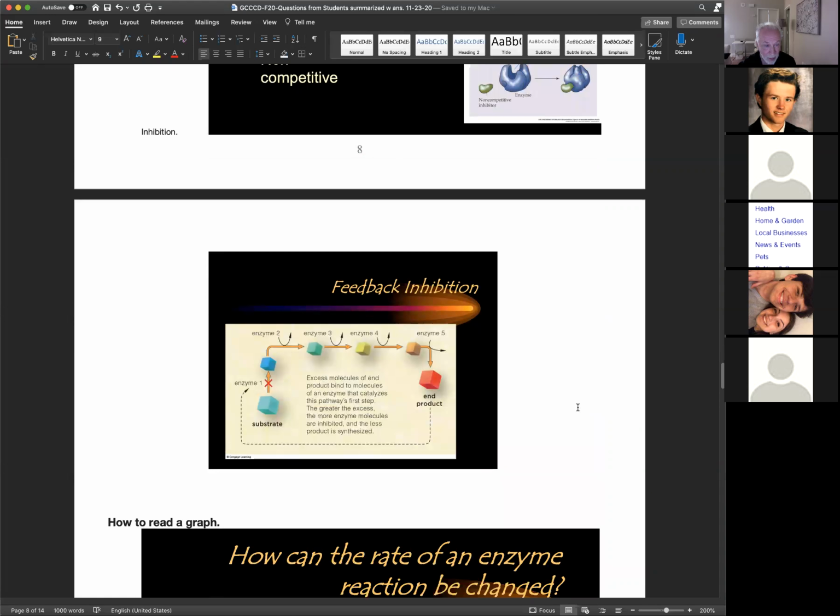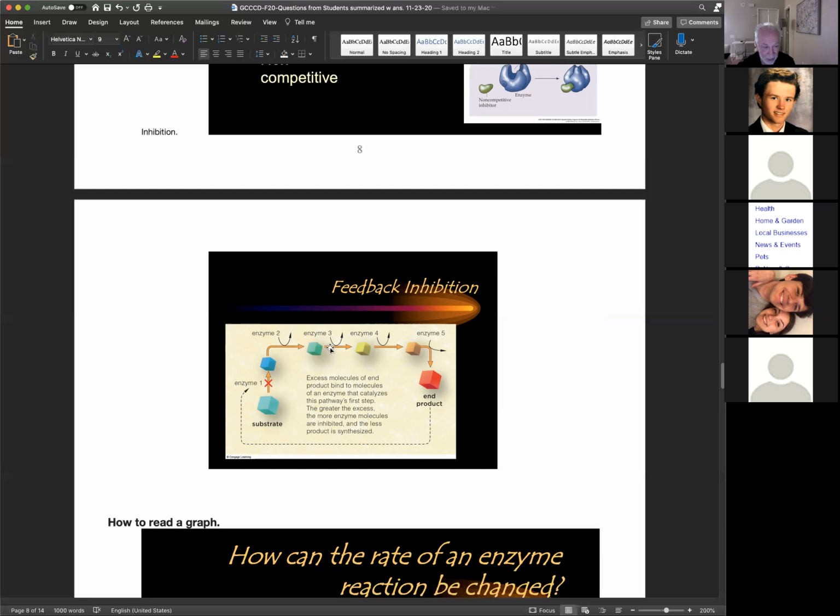And a very important type of inhibition is end product inhibition. That's shown here. If you start on the left, the blue box is a substrate. The first enzyme in the pathway, the first step, converts the pale blue box to a dark blue box, and on and on.